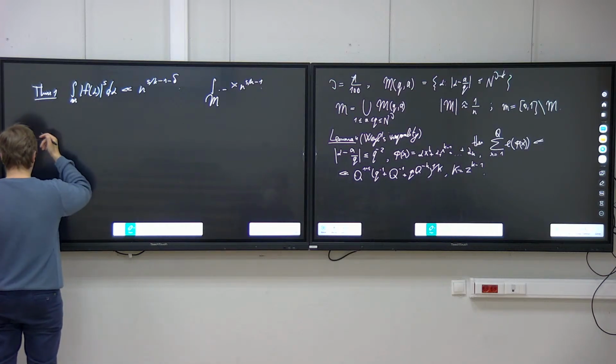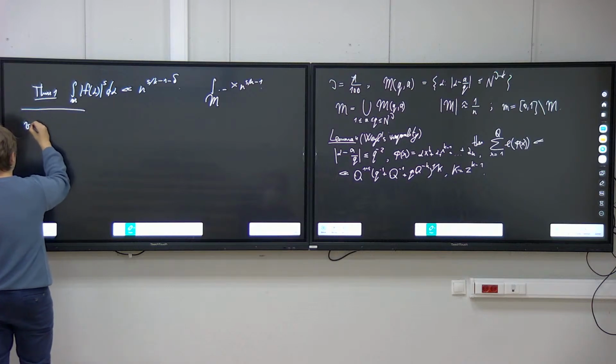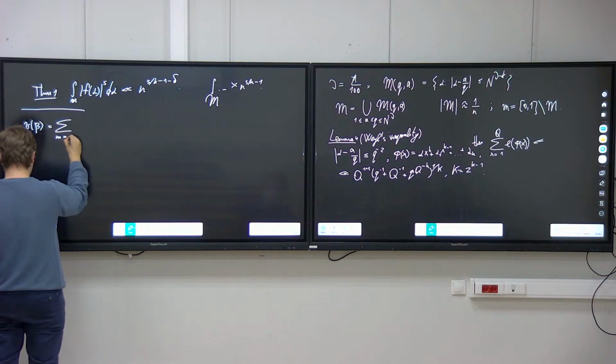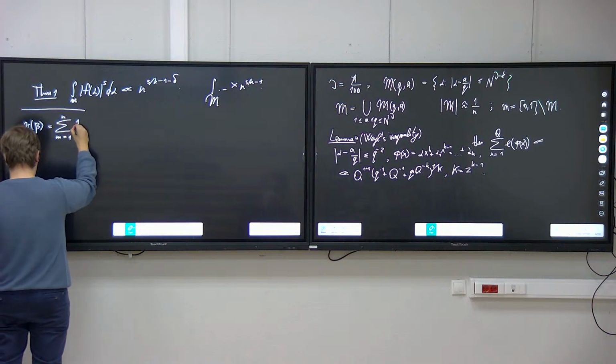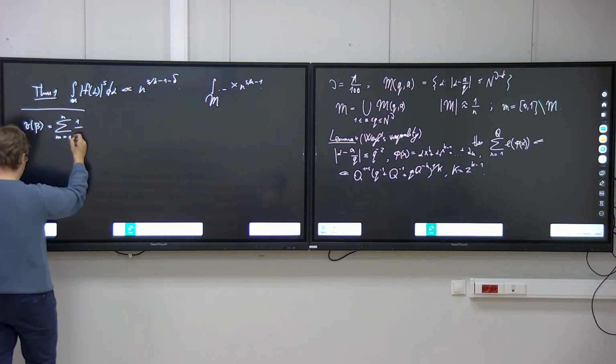So let us introduce some notation. V of beta will be such a sum. Here is our n.